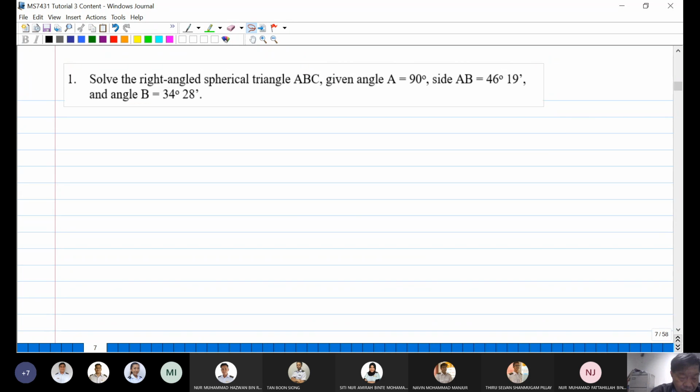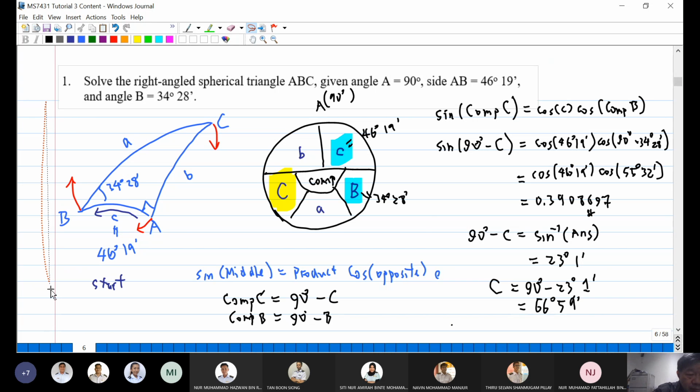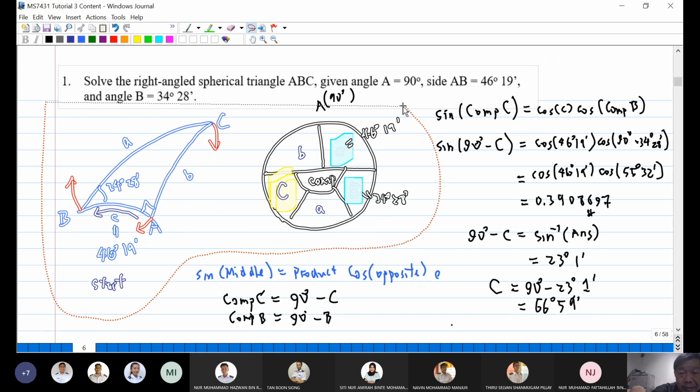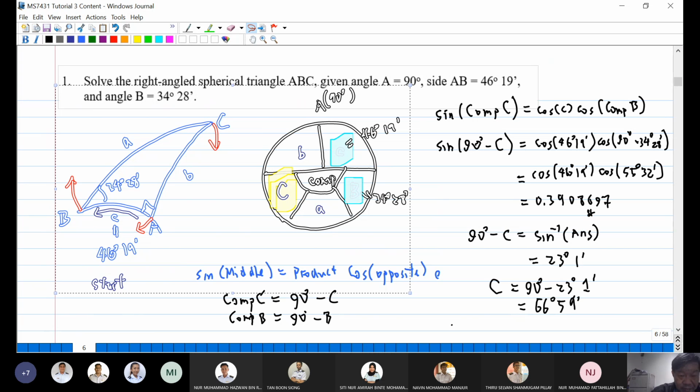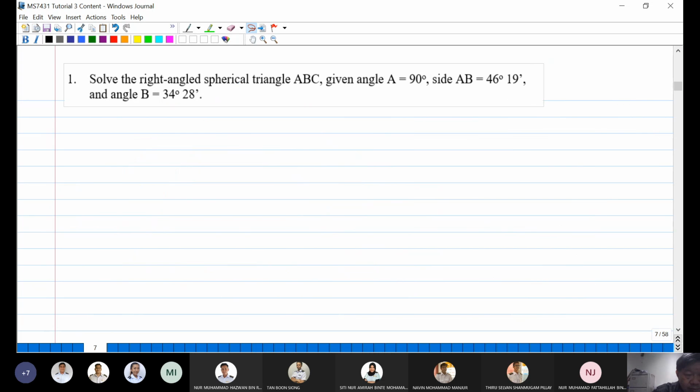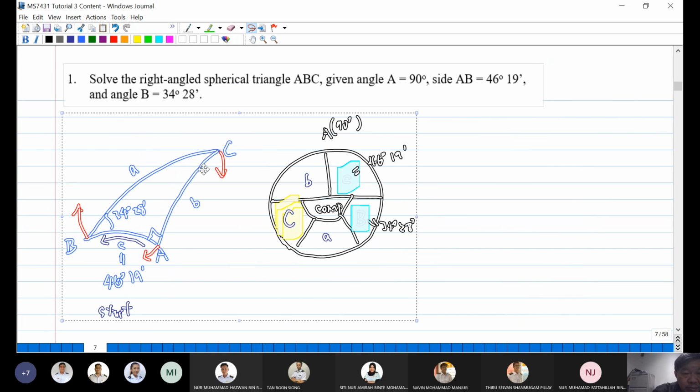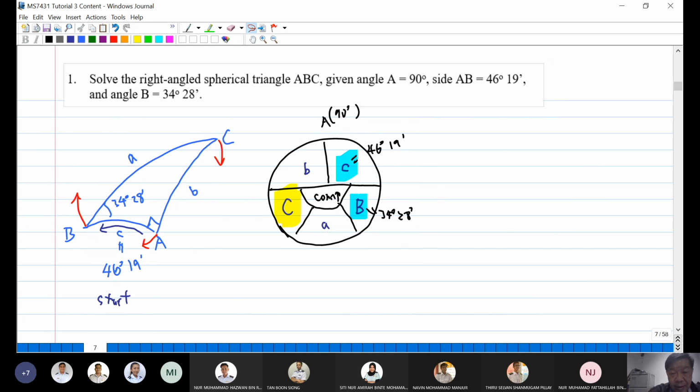I'm going to draw the Napier circle again, but just make sure you copy from here. I have already found 66 degree, 59 minutes for angle C.